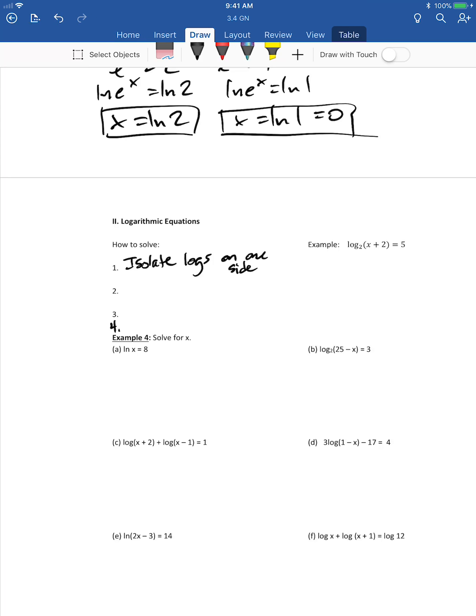I'm going to go ahead and write all the steps here so we can see before we get started. So isolate my logs on one side, convert my whole log to exponential form. I'm going to solve for x. And then just like my exponential equations, I'm going to check my solutions.